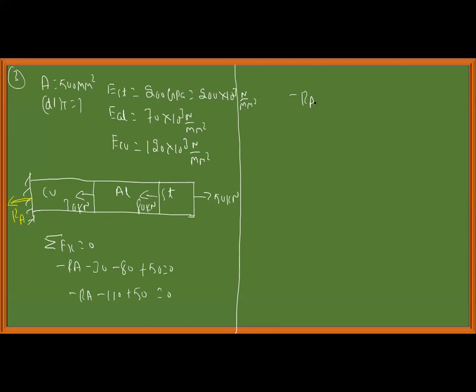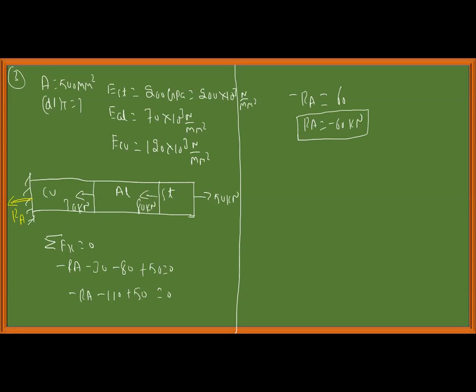Minus RA minus 110 plus 50 is how much? 60, right? Minus RA equal to 60. RA is equal to minus 60 kilonewton. Is this right? Right, sir.